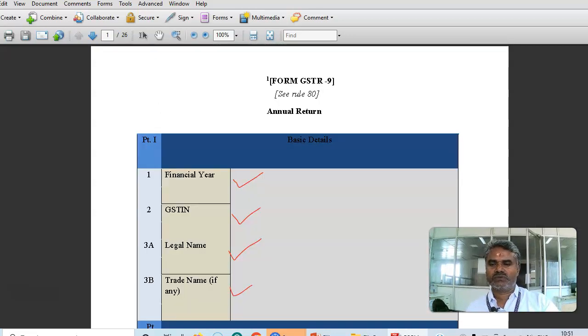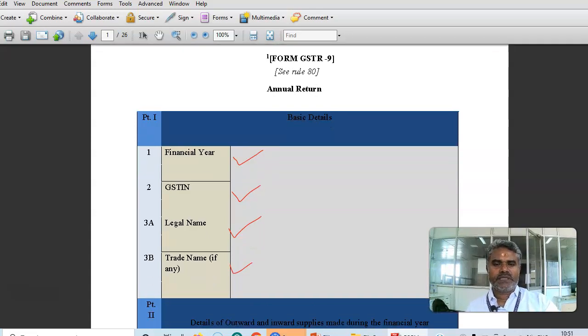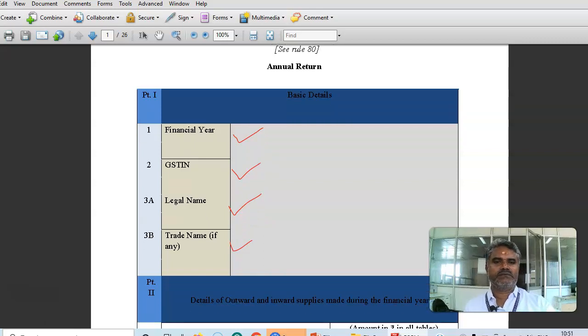So you have to go through the information which is contained in GSTR 9.